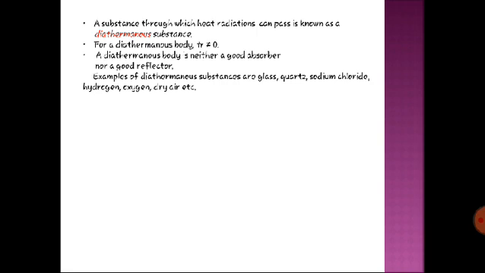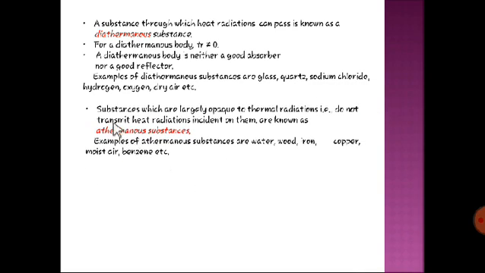Examples are glass, quartz, sodium chloride, hydrogen, oxygen and dry air. As you can see, glass is not a good absorber nor a good reflector. Only glass, I am not saying mirror. So it is a diathermous substance. Let's see the next one.